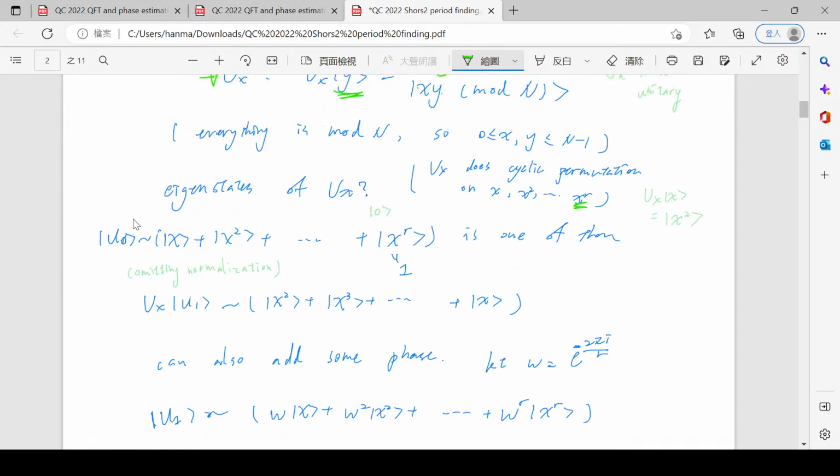You apply U on this, then x becomes x squared, x squared becomes x cubed, x cubed becomes x fourth, and x to the r, which is equal to 1, becomes x. But you see this state is the same as the original because the ordering of summation doesn't matter. You are just shuffling things around.